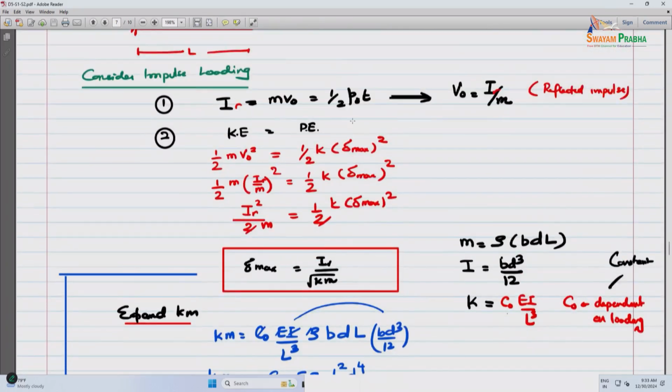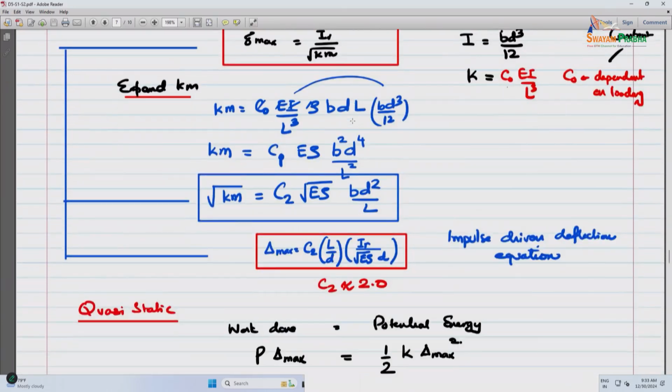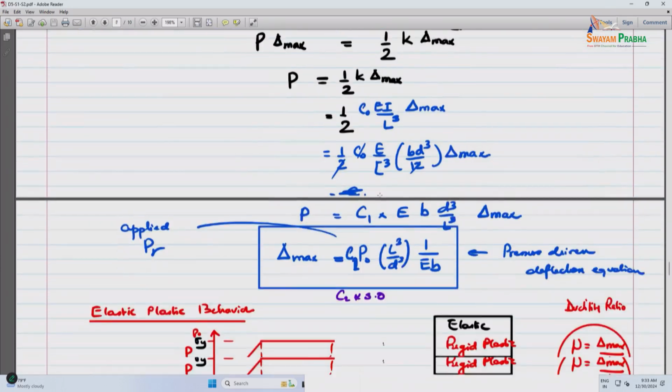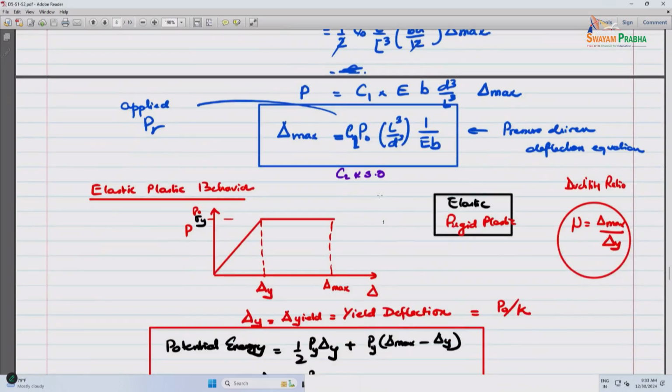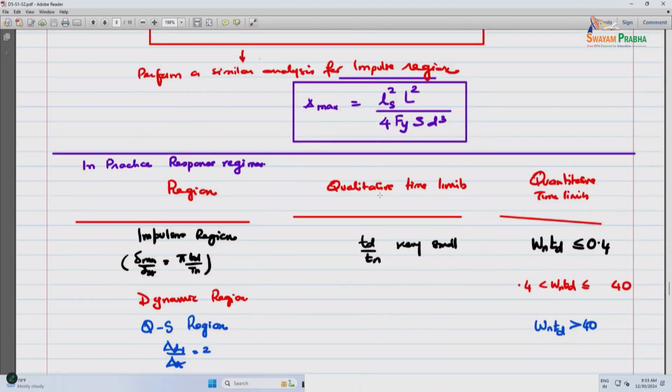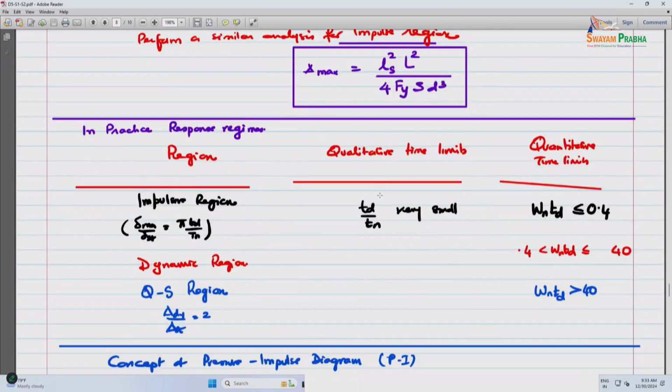So we saw that if you consider impulse loading, then you can write delta max as a function of a constant, L by D, the impulse, E, rho and D itself. And then delta max is C2 P naught L by EB. In practice, the response regime is given out here.